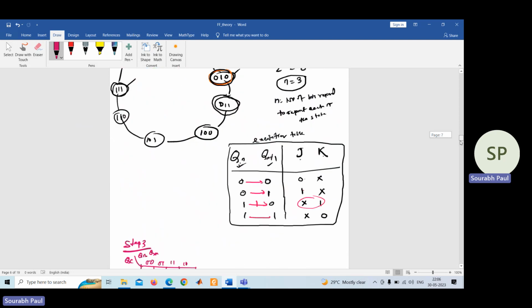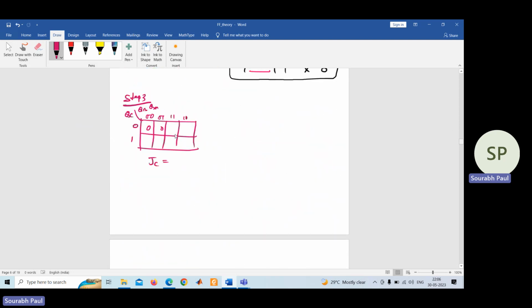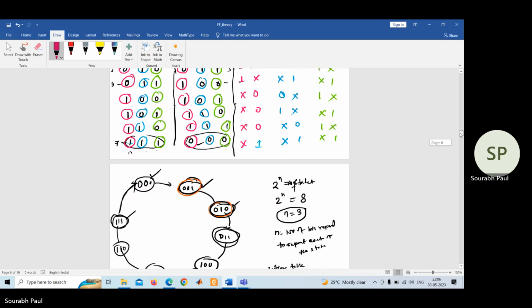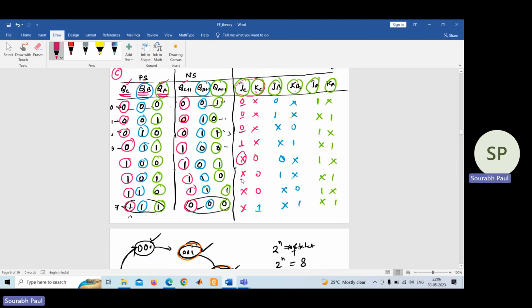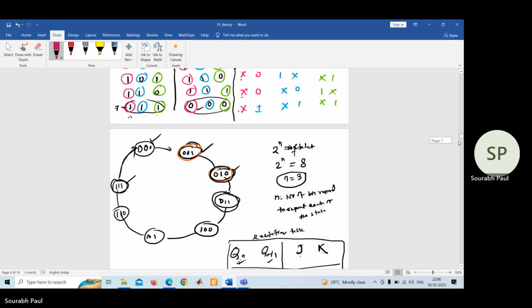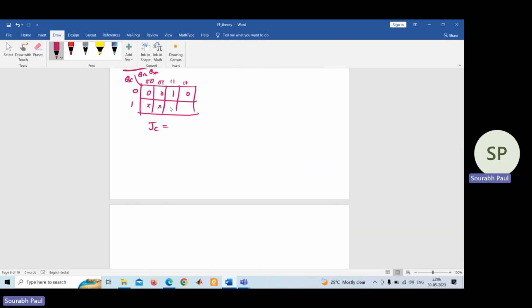Put these values in the K-map according to the position. Then X, X, X, X: don't care, don't care, don't care. Okay. From this, if we make this pair, what will be the expression? That is nothing but QB QA.